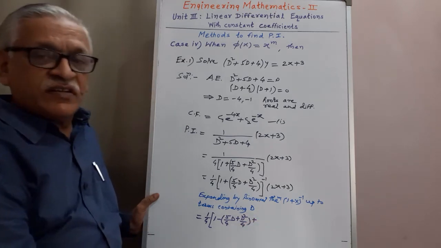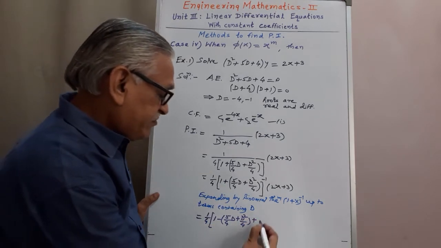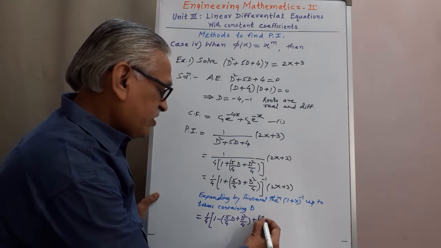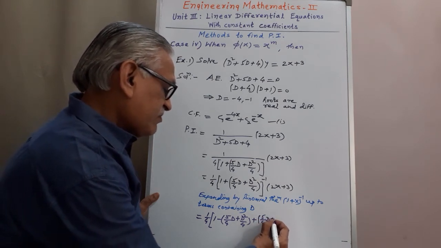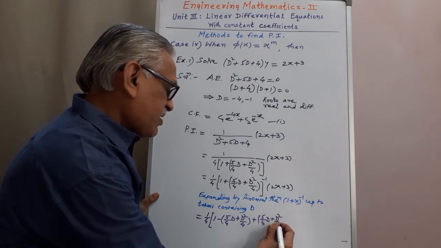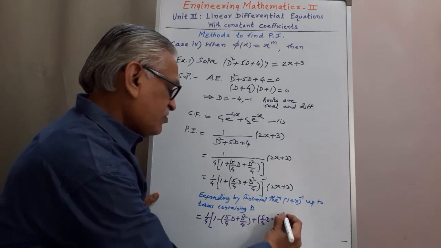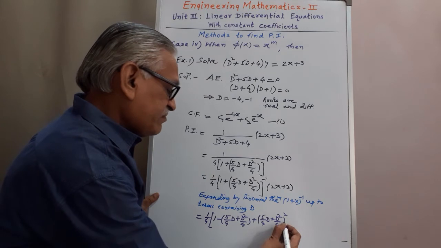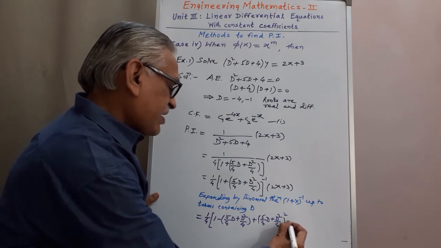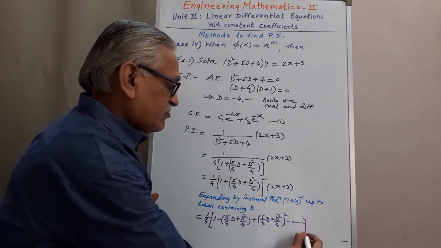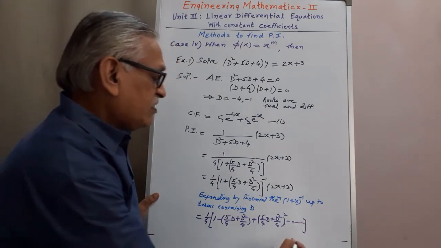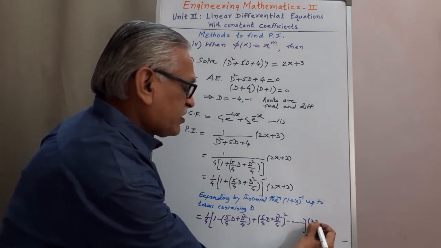Then plus the square of it, 5 by 4 times D plus D square by 4, squared, and then minus, and so on, operated on 2x plus 3.